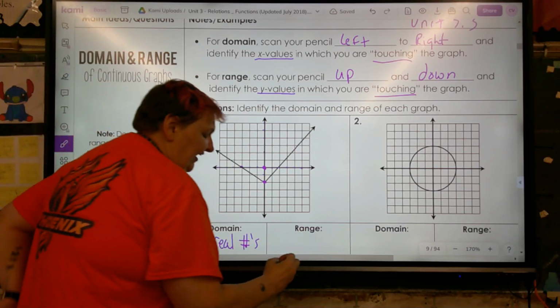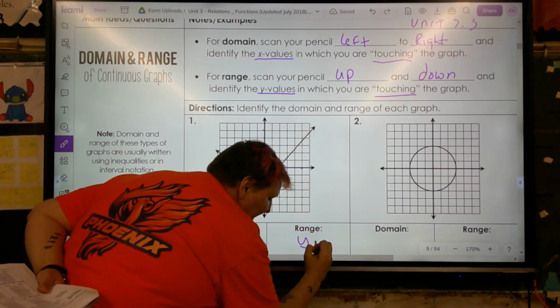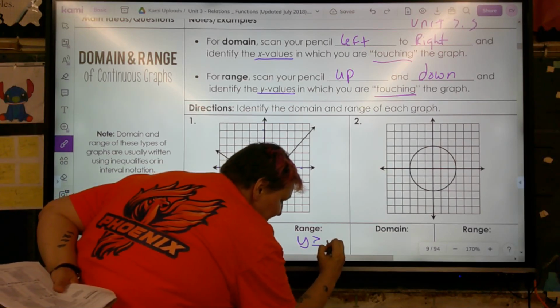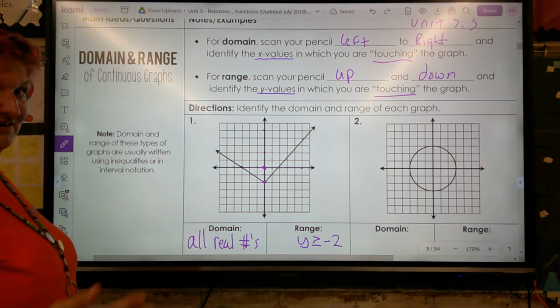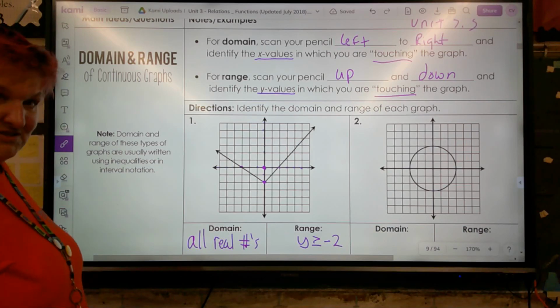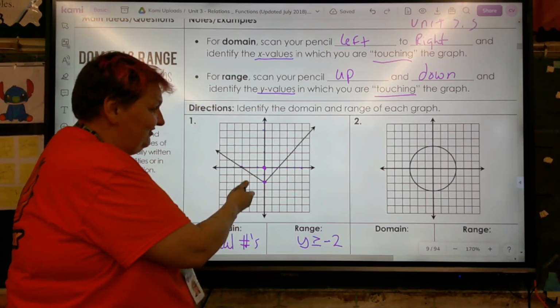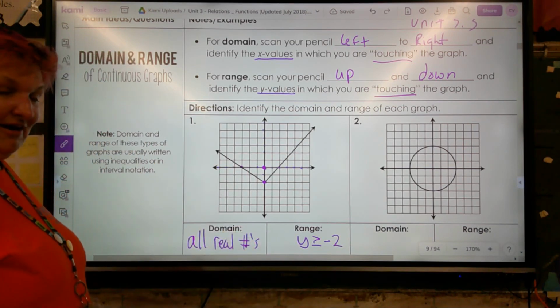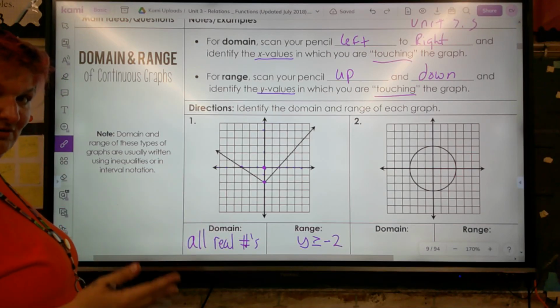So, it's never going to go below -2. Y has to be greater than or equal to -2. It's impossible. It stops right there at -2. That's your range. Your range is all numbers greater than or equal to -2.